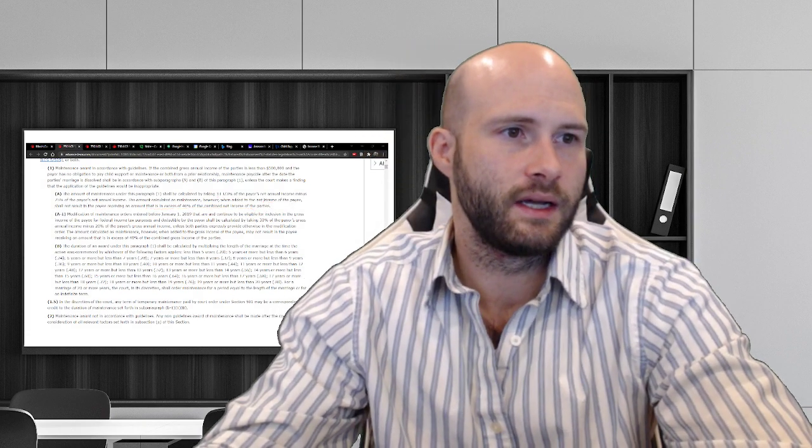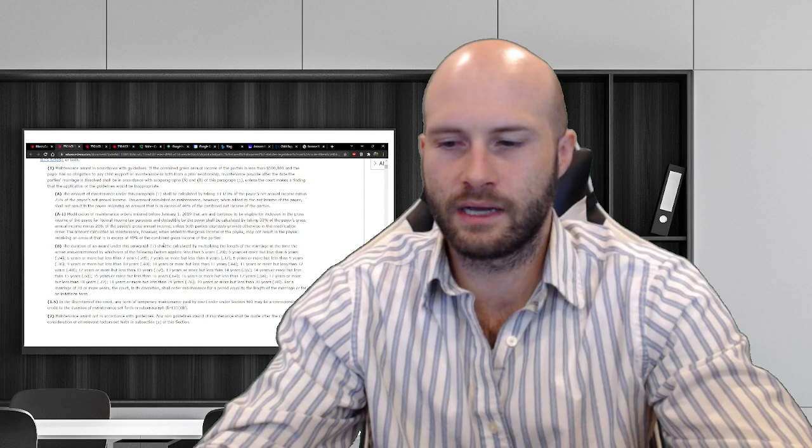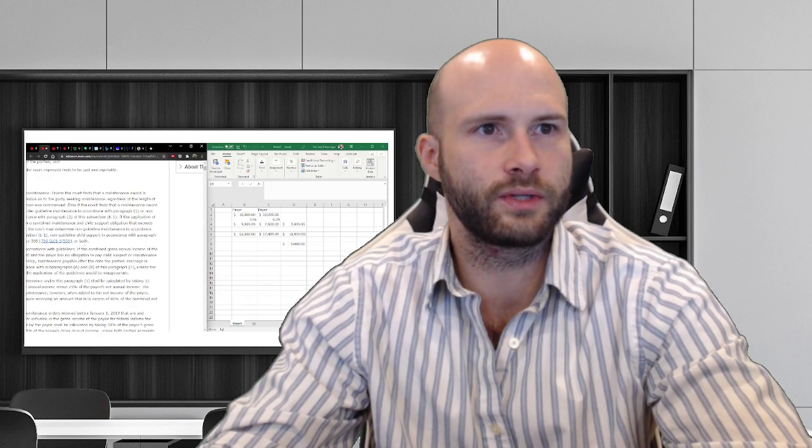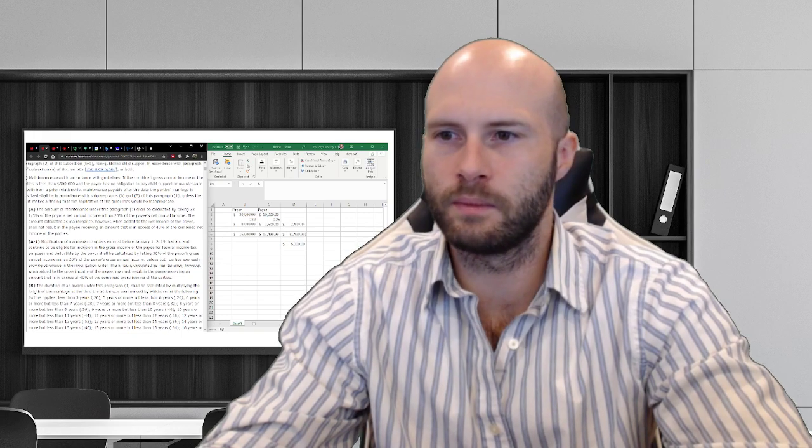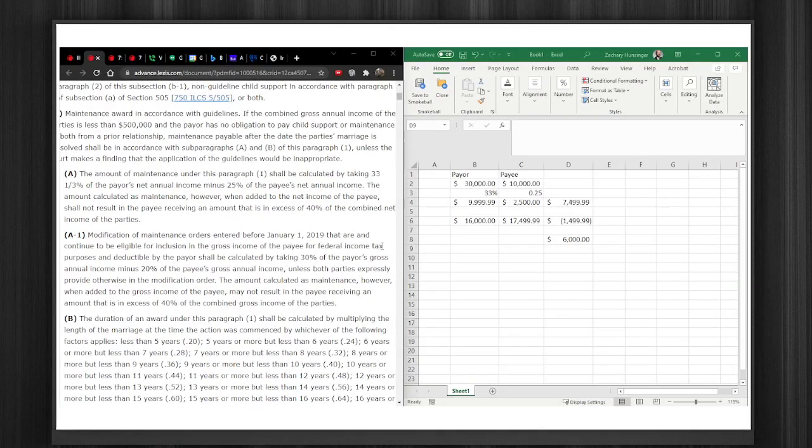Well, let's bring up an Excel sheet to show those calculations in real time and play it out there. So let's zoom in a little bit on the screen so you can see it. So here's probably an atypical example, but I think it hits the core points, which is the payor's net annual income is 30%, payee's is 10%.